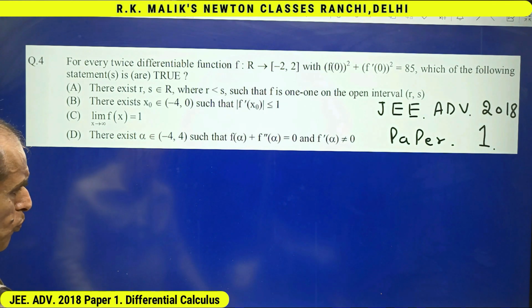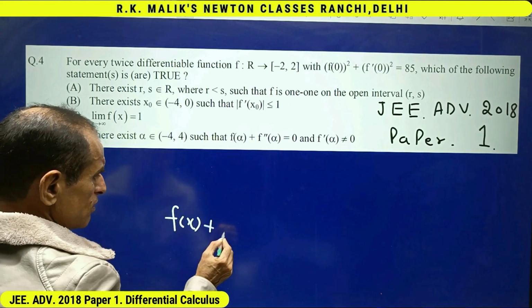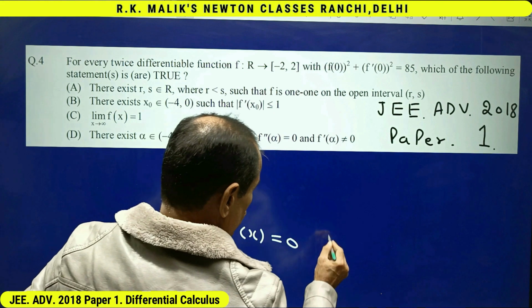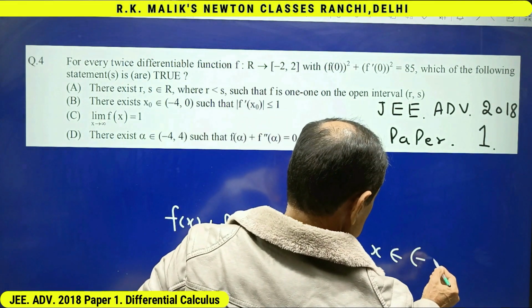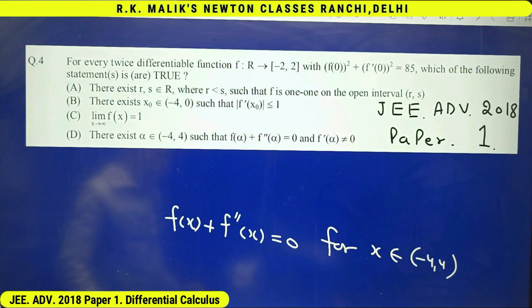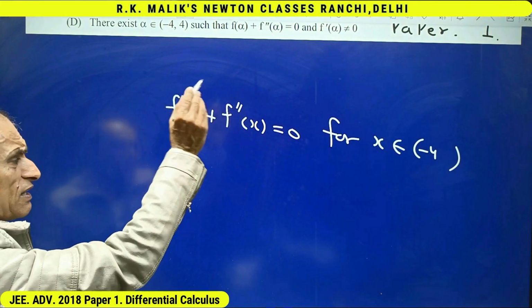Hence, to prove that there is at least one number x such that f double dash x is 0 for x belonging to -4 to 4, as I just now told you, we'll have to take a function which is the integral of this.